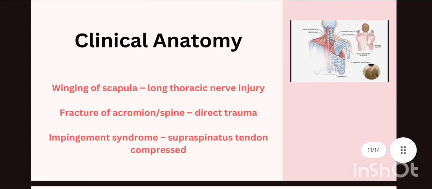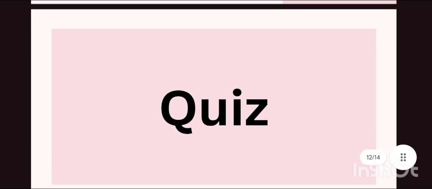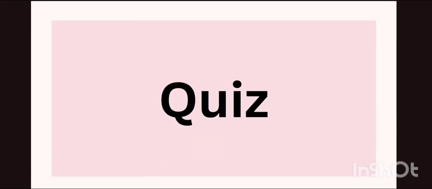Okay, let's do a quick self-check. What muscle occupies the subscapular fossa? Subscapularis. Which structure divides the posterior surface of the scapula? The spine of the scapula.